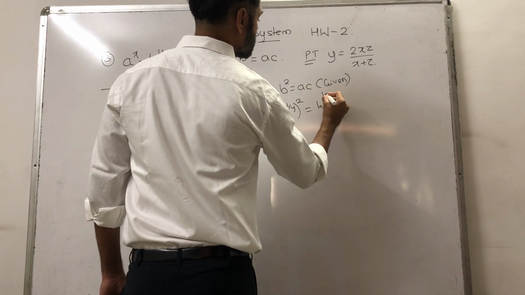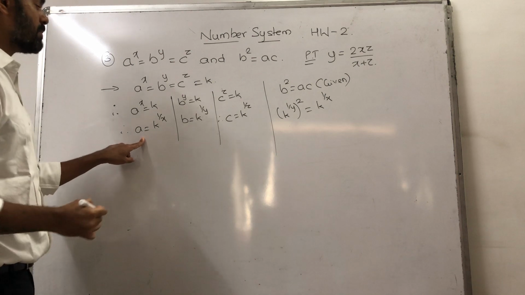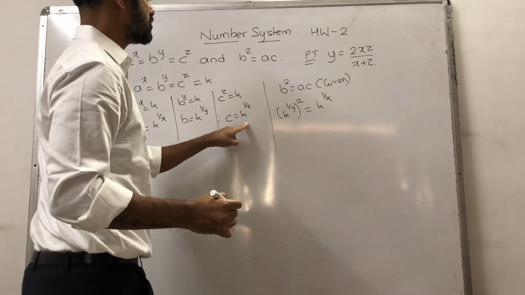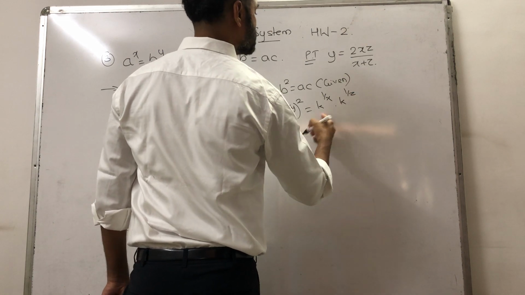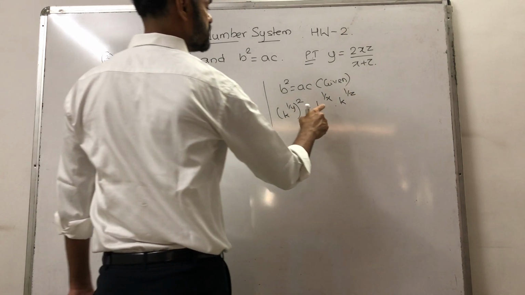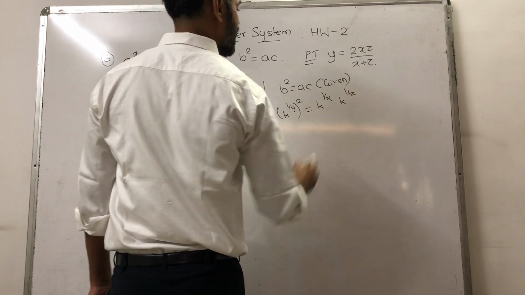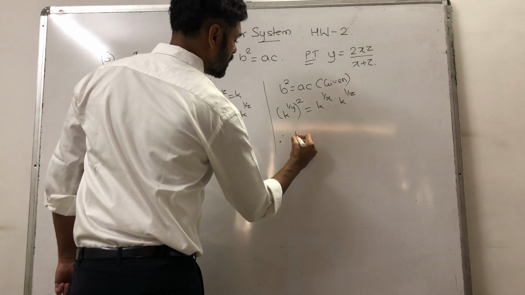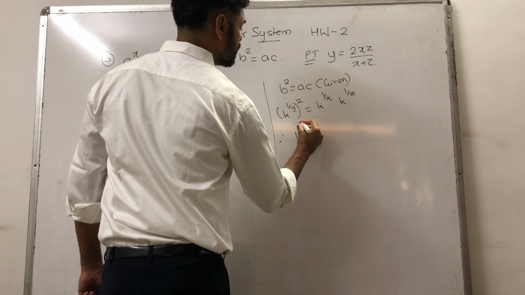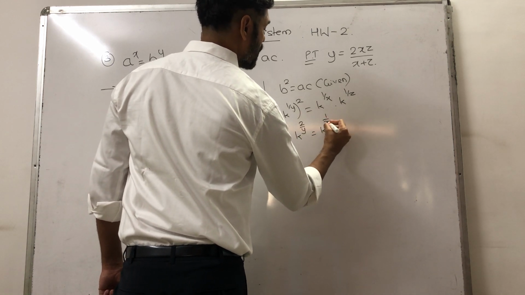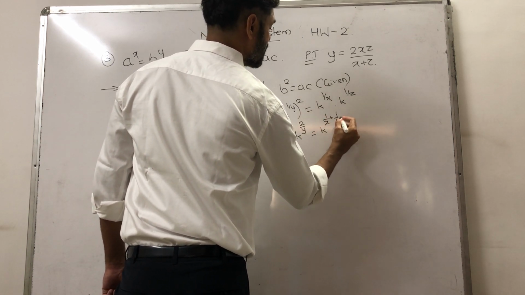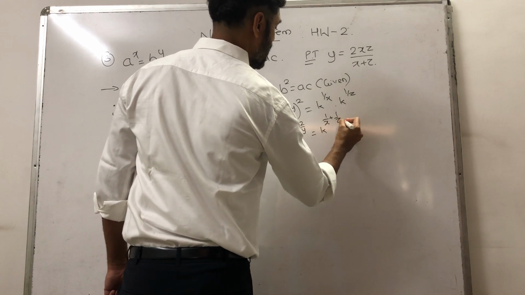The value of a is k raised to 1 by x, and c is k raised to 1 by z. These two are in multiplication relation. Same base is k. So you will add the power. So what is 1 by y into 2? It is 2 by y. And you add the power, it is 1 by x plus 1 by z.